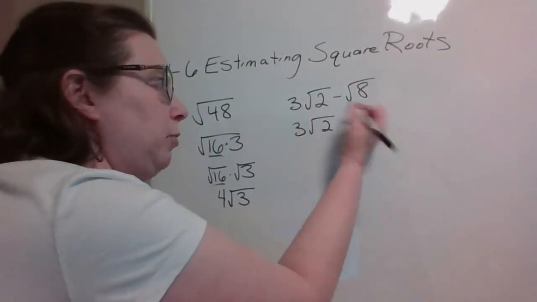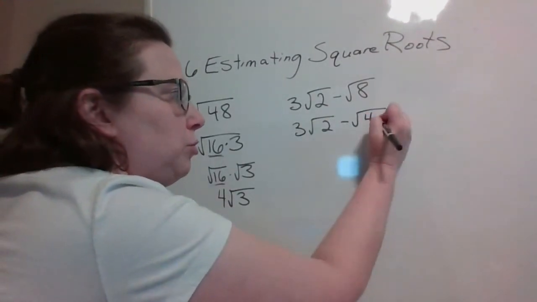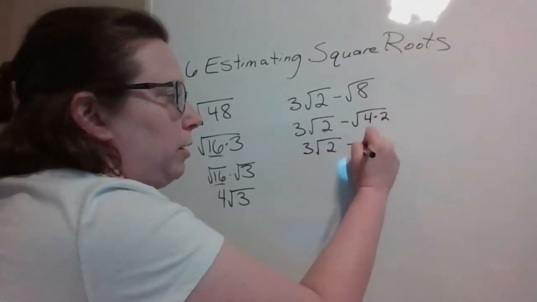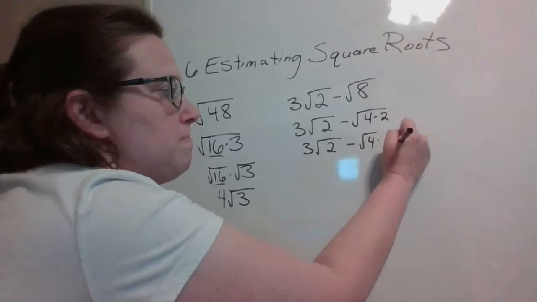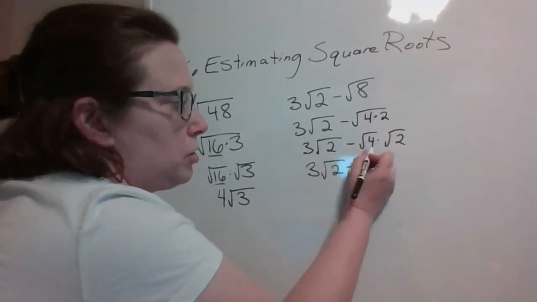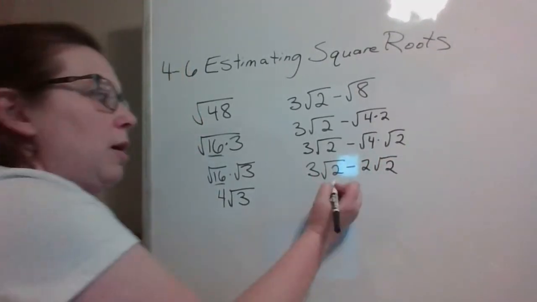We can't do anything with this 2, but 8 we can split into 4 times 2. And then we can take the square root of 4 times the square root of 2. And we know that the square root of 4 is 2. So we now have this.